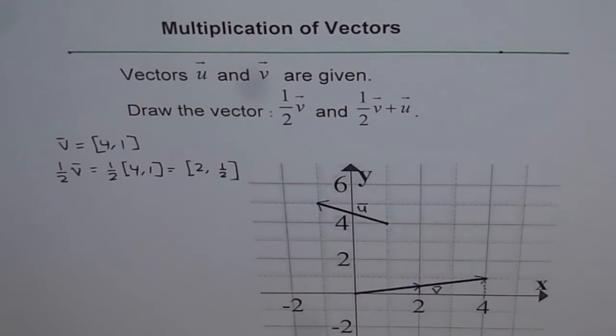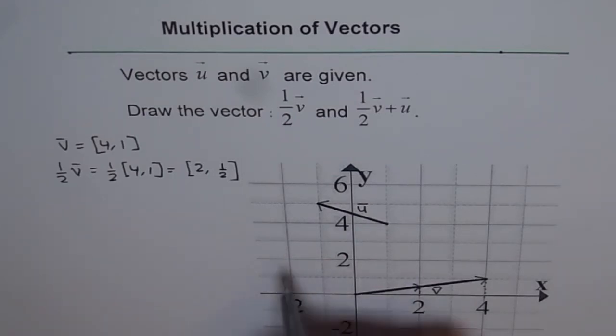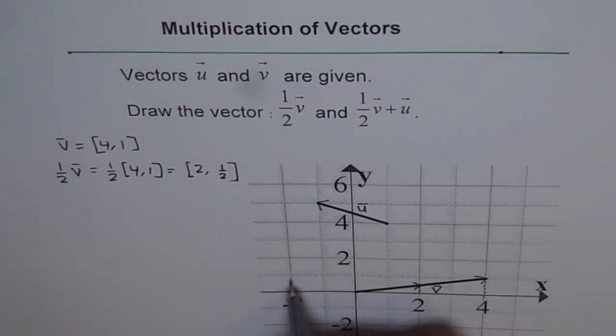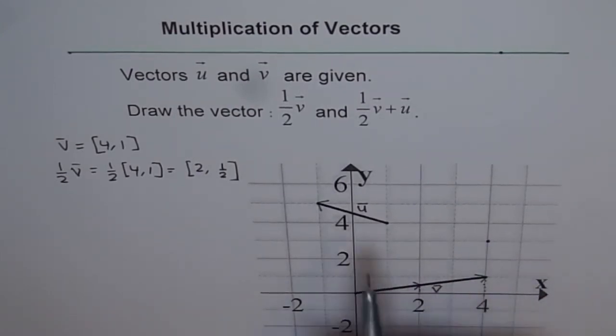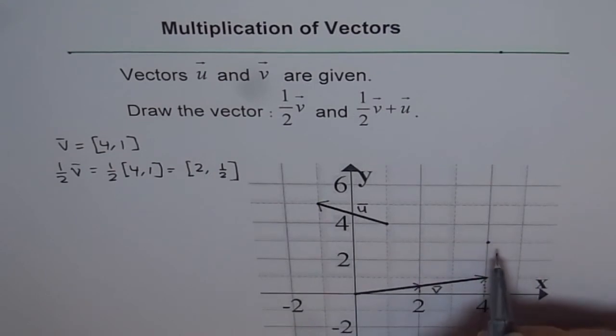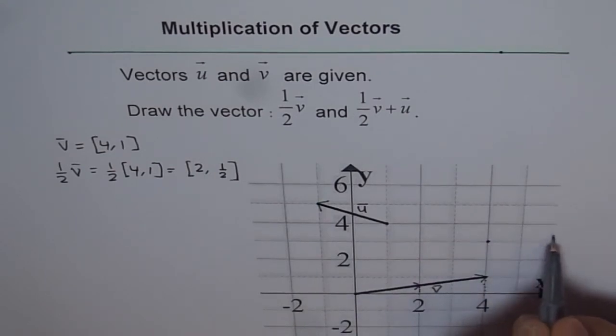And it is not necessary that my vector v has to be here. It could be anywhere, right? For example, if I start from, let us say, a point here, 2, 0.5, so we'll go 1, 2, and half is here.